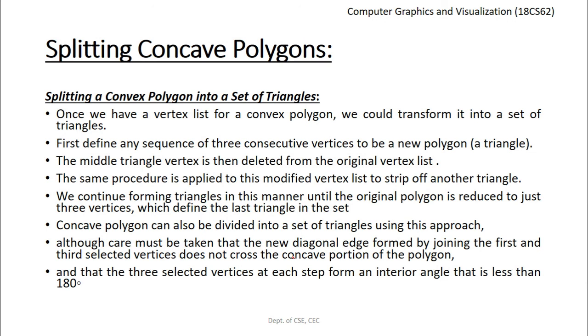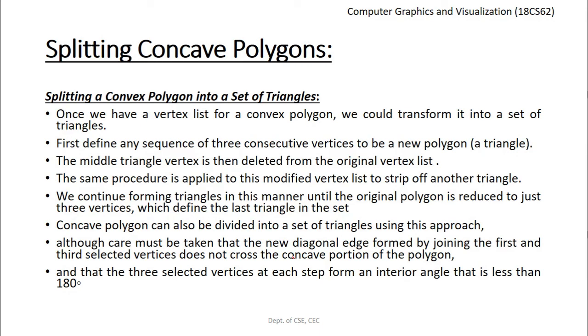In this video session, we discussed what we mean by fill area and polygon fill areas. We understood the classification of polygons, defined what a concave polygon and a convex polygon are, the conditions for a polygon to be called convex, and the characteristics of a concave polygon.